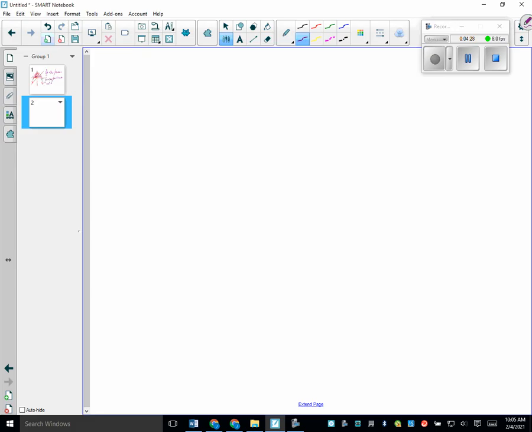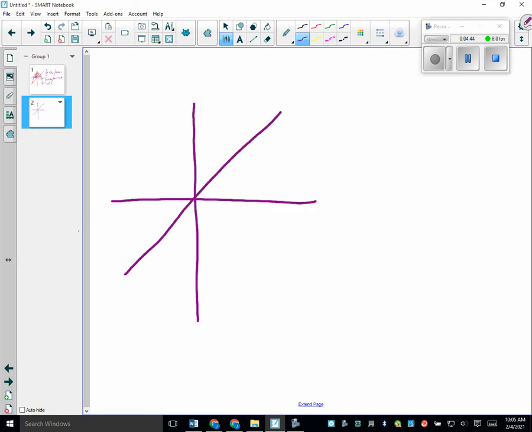We want it in the first quadrant, correct? Y equals F, X equals 2, and the curve y equals 1 over x squared.